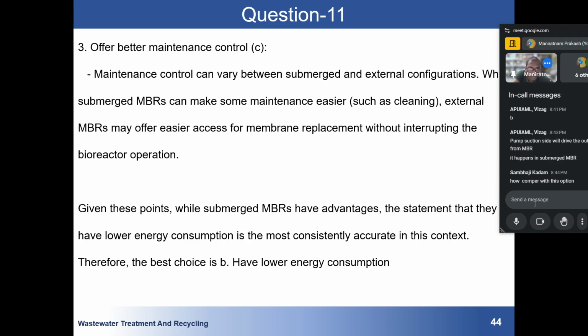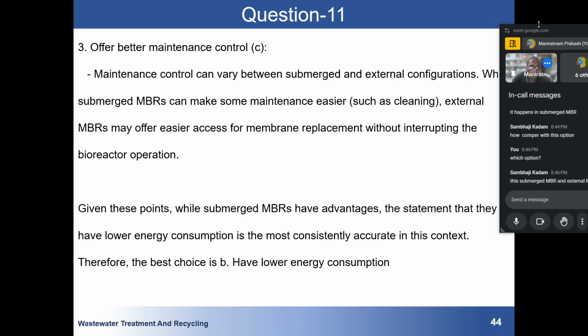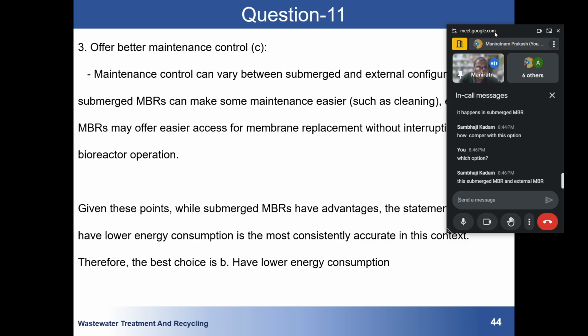Which option? Oh, this submerged MBR and external MBR. Okay.